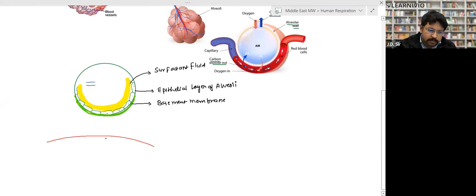Now this was the structure of the alveoli. This is the alveoli, right? Now come to the lower part.